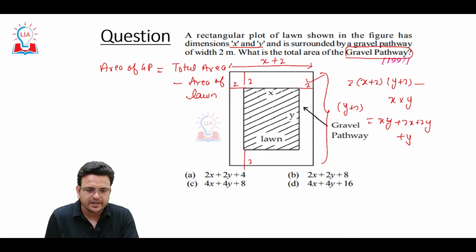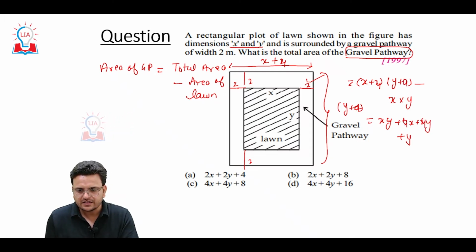Here we have to take 2x, this will become 2 plus 2, it becomes 4. This becomes 4x, 4y, and 4 times 4 is 16, minus xy.